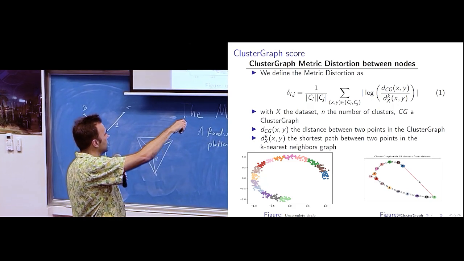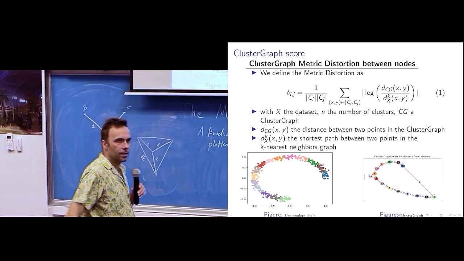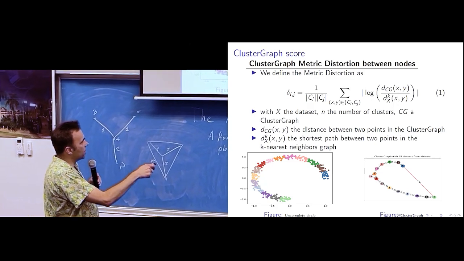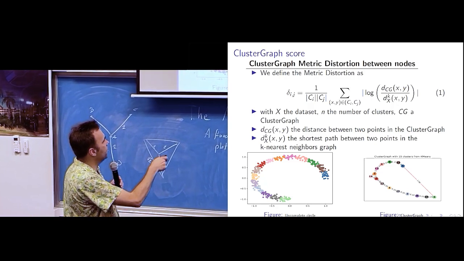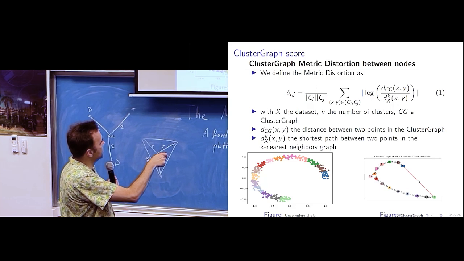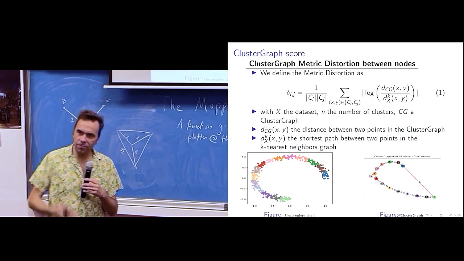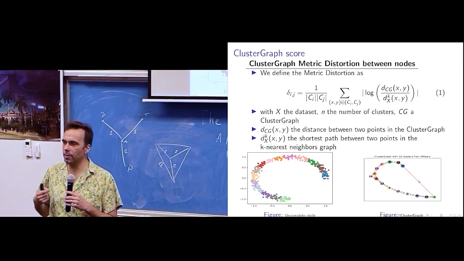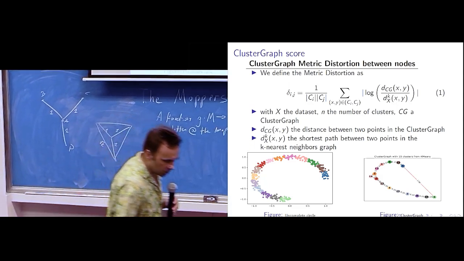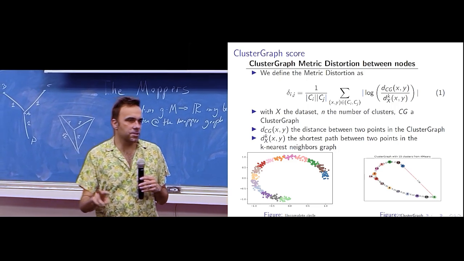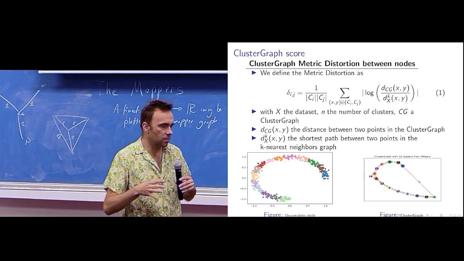When I do the intrinsic distance, if I want to move from this point to that point, I'll need to go all the way around, right? But if I do the full cluster graph, there will be an edge between this cluster and that cluster. So if I'm given two points from my data set, there are two options. Either they are in the same cluster, and in this case, I consider their distance to be 0.